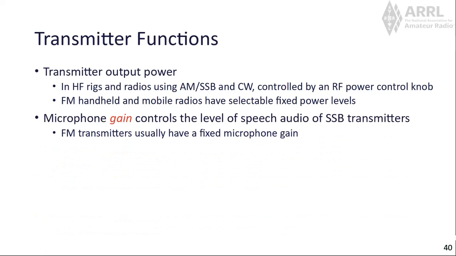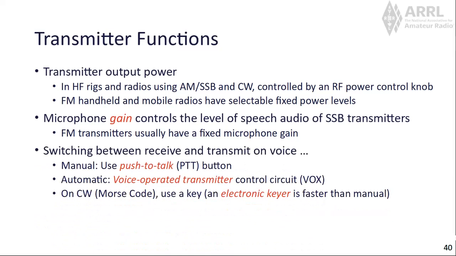On the 7300, I've got a knob that I can change from 5 to 100 watts and anything in between. Microphone gain controls the level of speech audio on single sideband transmitters. FM transmitters usually have a fixed microphone gain.